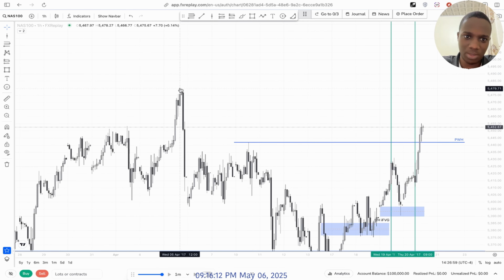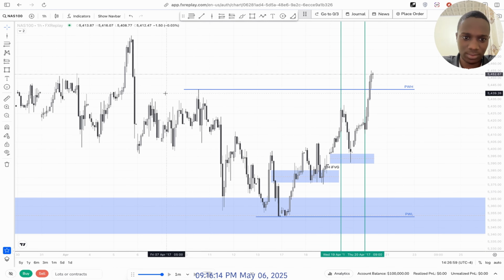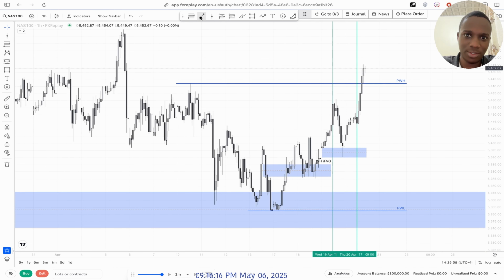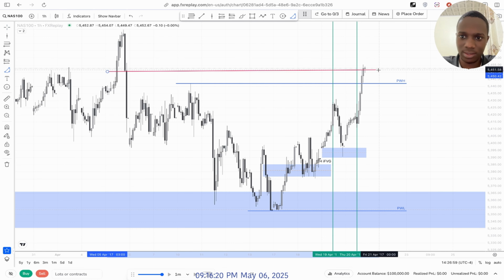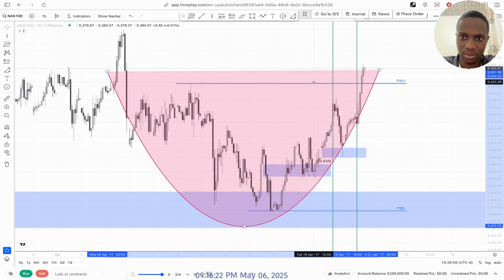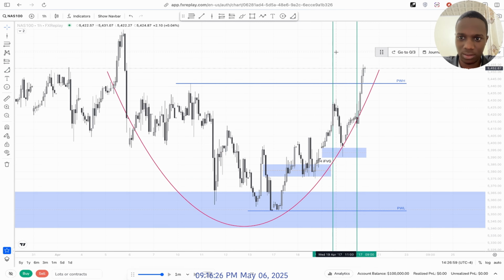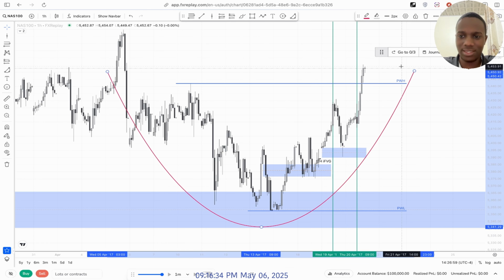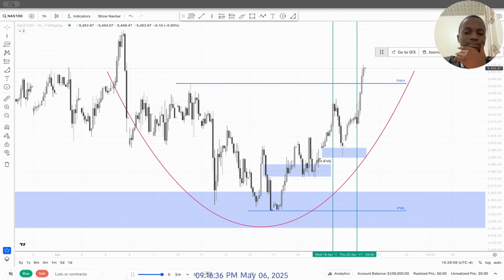This is the next buy side liquidity, and you can see that this is a very good market maker model, this one right here. Market maker right here, very good market maker model. I think we should have seen this earlier and trusted the process.